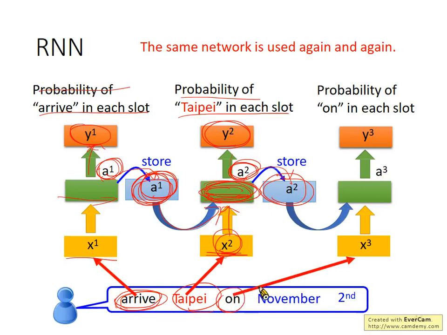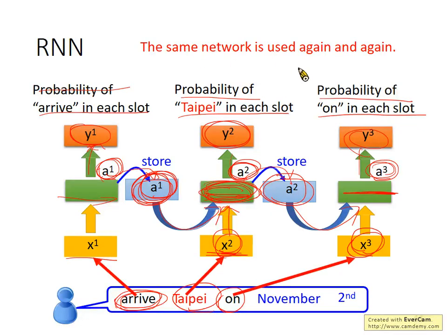Then the third word comes in. It is transformed into the vector X3. And at this hidden layer, it jointly considers the input information X3 and the memory information A2 to output the result A3. And then we input A3 into the following process to output the probability of each slot.